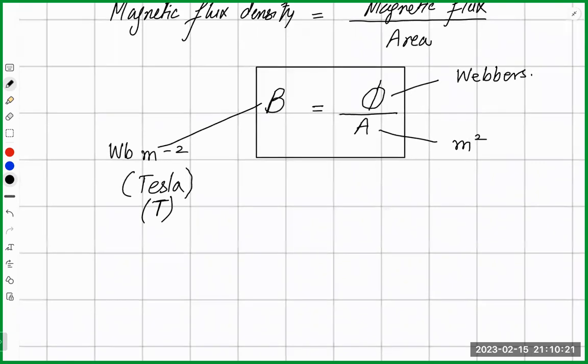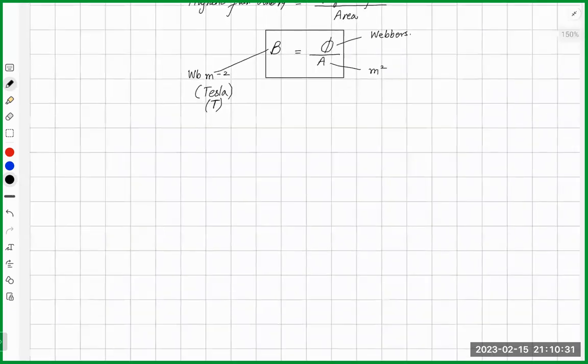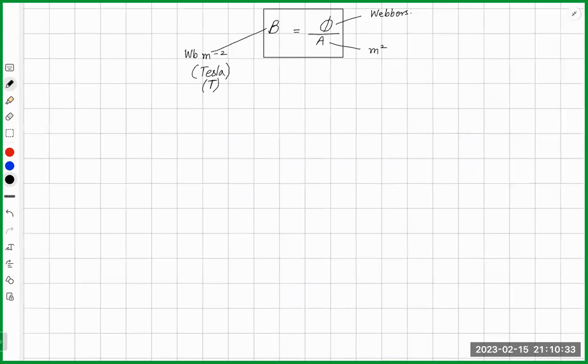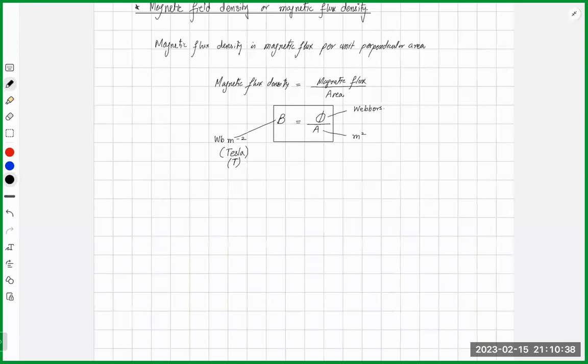Now, what happens if we pass a current carrying conductor through a magnetic field? What will happen then?